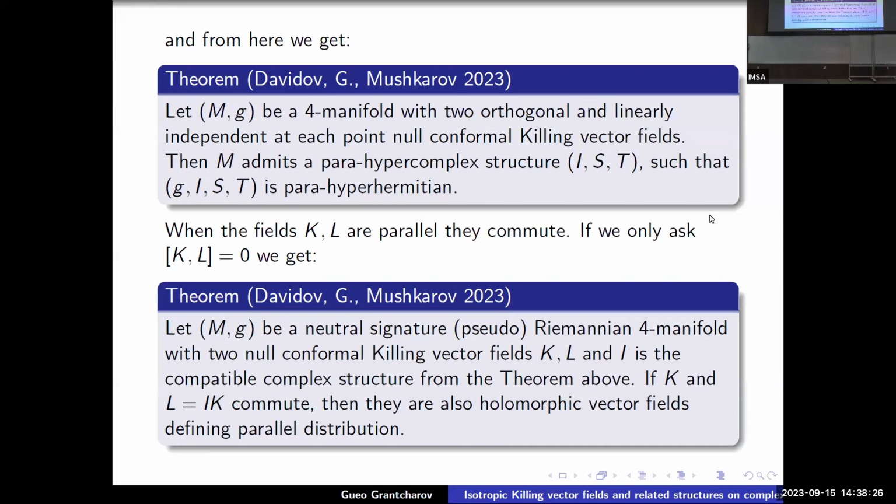Now, when the vector fields are parallel, they commute, but if we ask only for commuting, this is what happens. And this is again pretty different from the positive definite case, because the existence of two independent Killing fields that commute does not lead to integrability of the complex structure.